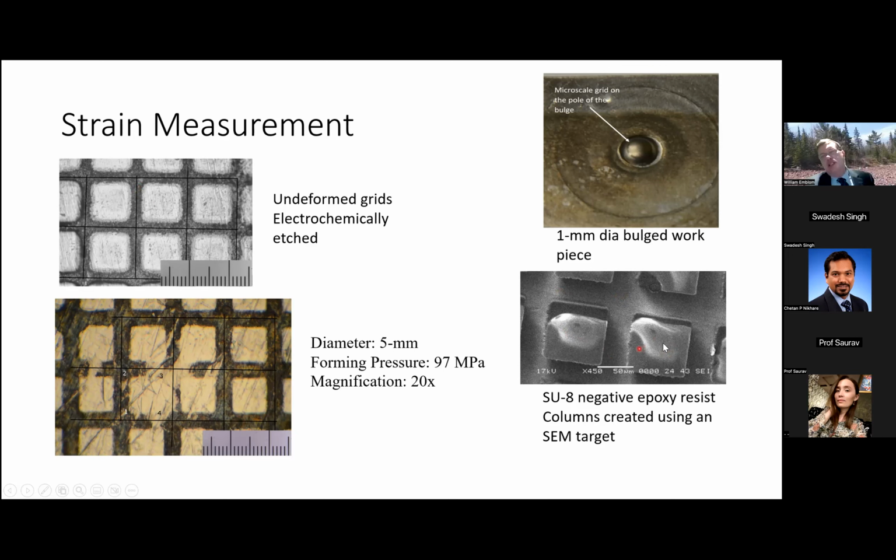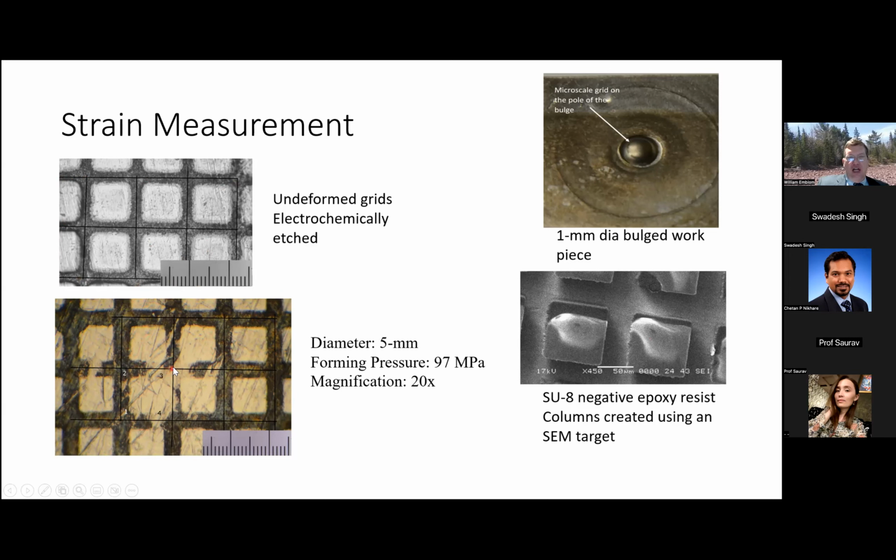By the way, somebody else has used SU8 to produce grids like this, but they had some issues with the grids peeling off, and we overcame that by electrochemically etching them onto the workpiece. Here's a picture of the undeformed grids. We added these little bars here to make it easier for us to measure the strain.